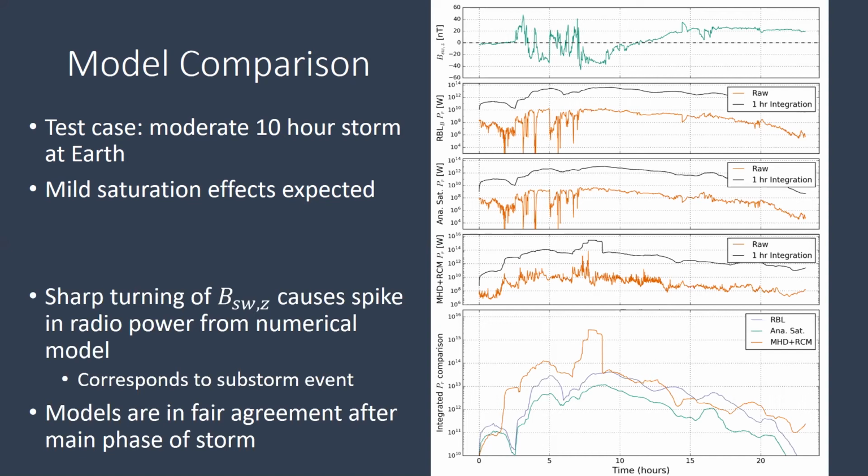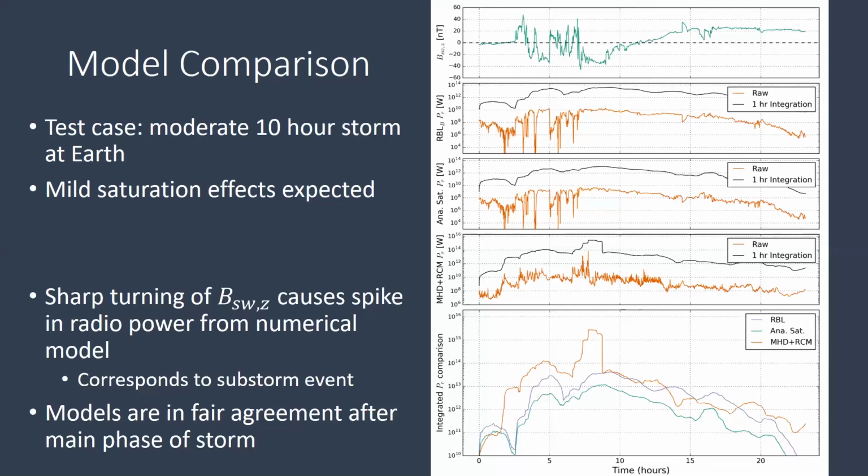The reason that occurs is because you have a strong switching of a northward IMF to southward, and what that does is you're both injecting a lot of plasma into your magnetotail, and you're also compressing. You have a lot of elongated field lines that are now injecting in and accelerating those particles. And so that's something that pops out through that dynamic interaction that you don't get from the analytic expressions.